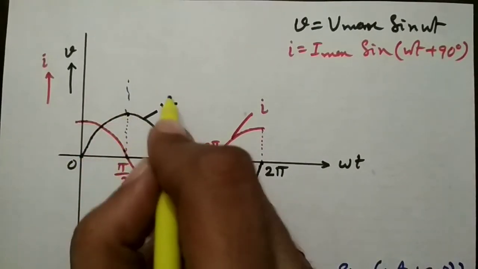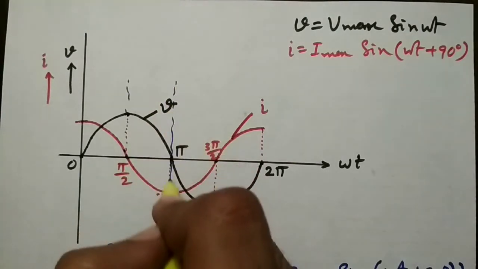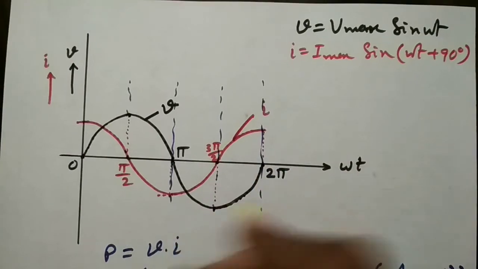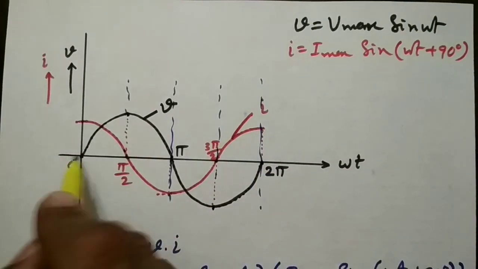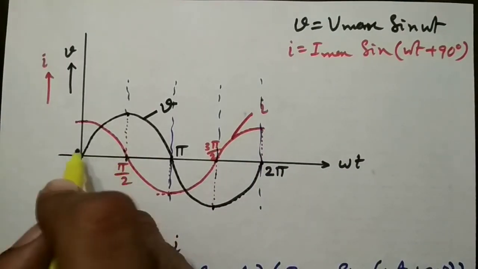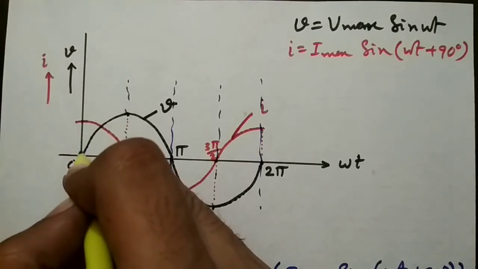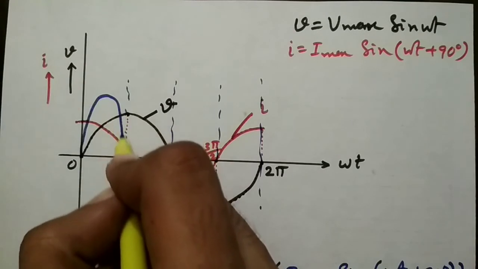Here we divide the waveform into 4 different parts. From 0 to pi by 2, both voltage and current are positive. Therefore their product will also be positive.